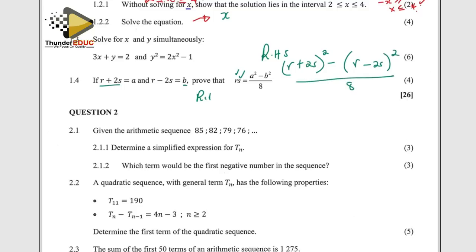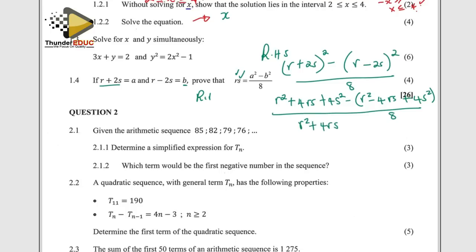When I open this up, I'm going to have r squared plus 4rs plus 4s squared, minus, when I open this up, r squared minus 4rs plus 4s squared. This is over 8. I'll open this bracket with a negative sign, so it's r squared plus 4rs plus 4s squared minus r squared plus 4rs minus 4s squared.